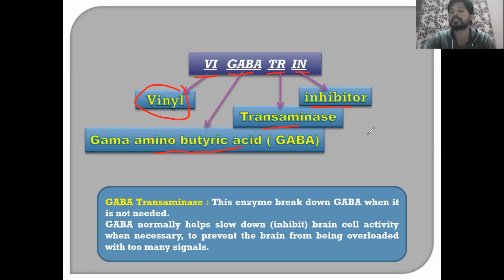In the epileptic patient, we have to increase the GABA concentration in the synapse, that is between the two neurons, and especially at the postsynapse in the brain cells. When GABA concentration is increased in the brain cells, the excitatory neurotransmission decreases and the symptoms of epilepsy decrease. I hope you know epilepsy means excess firing of neurons.